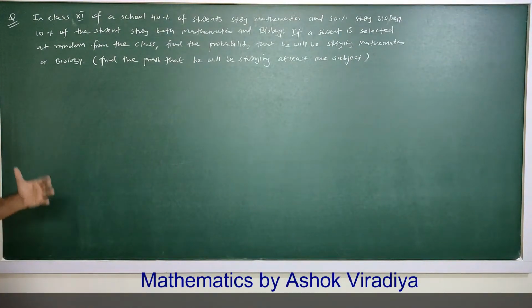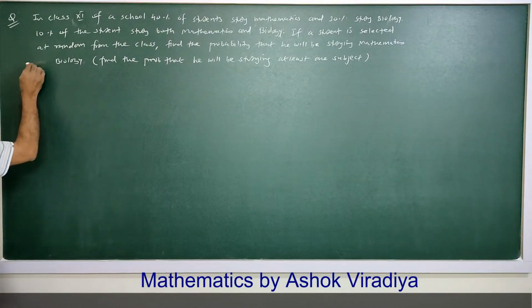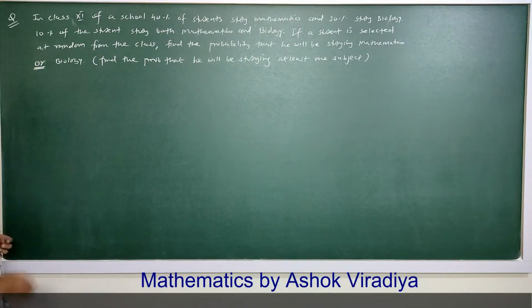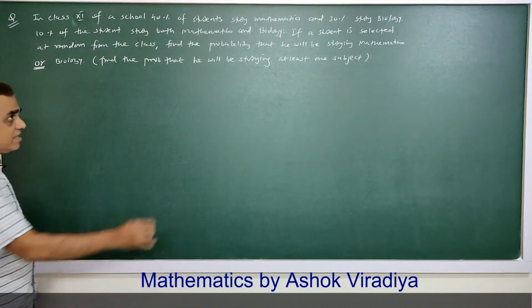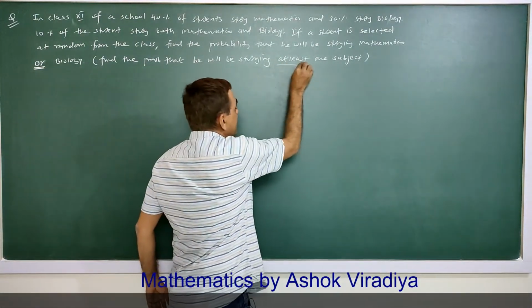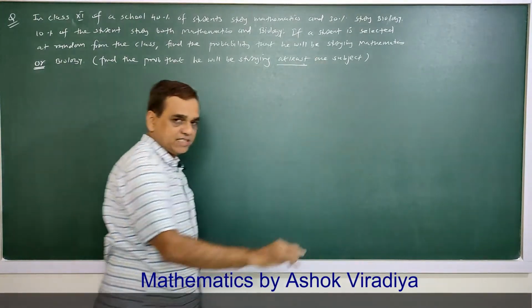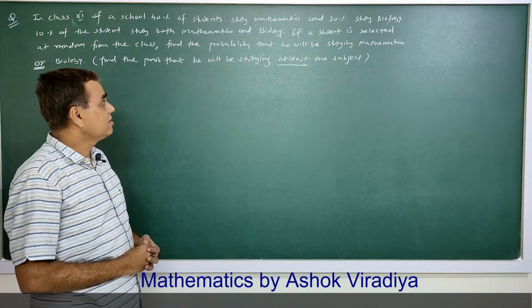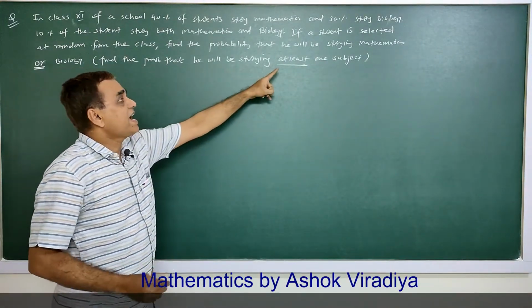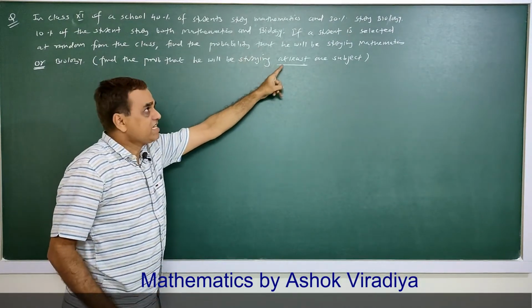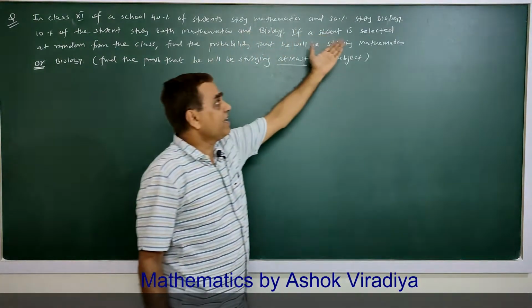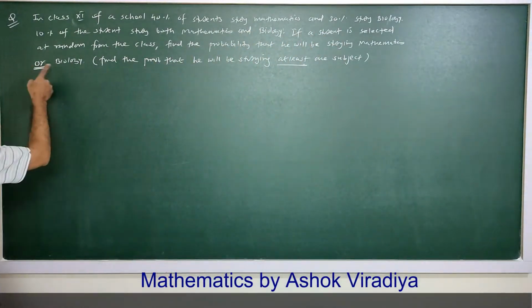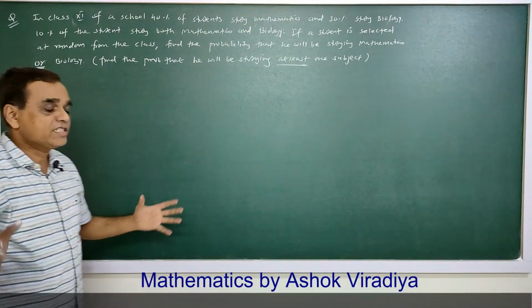So sometimes in a question, instead of the word or, as in event A or B, the words at least one of the events can be given. So the probability of occurrence of at least one event, or probability of A or B, the meaning is the same.